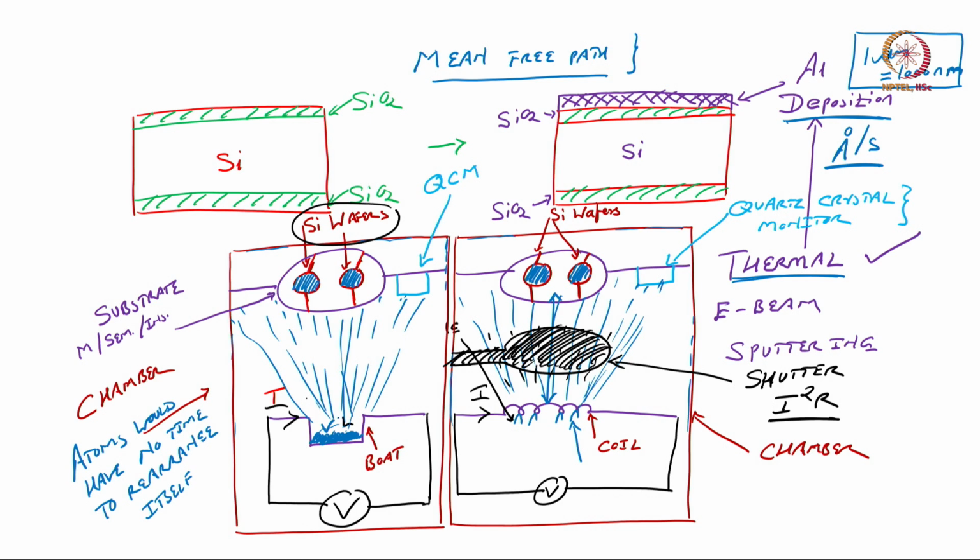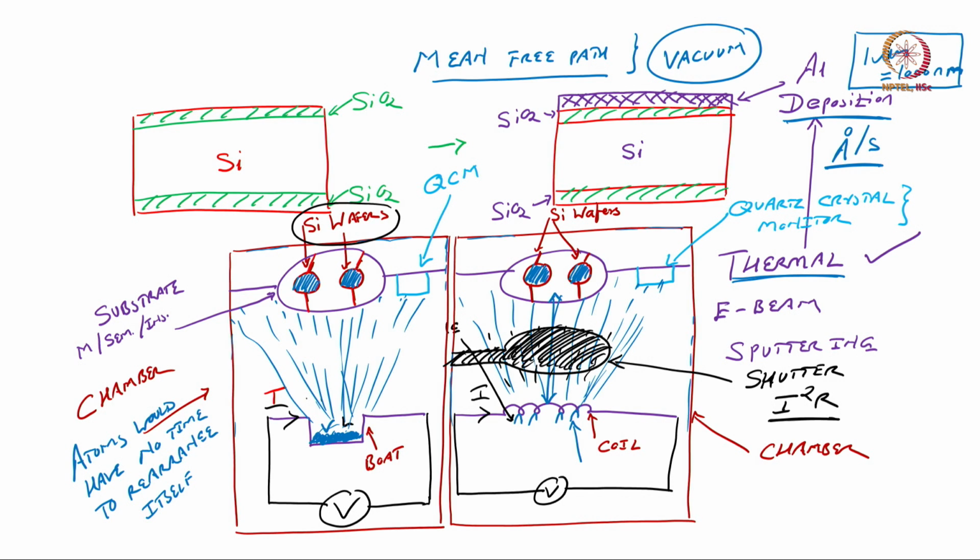How long can these atoms travel to the substrate before colliding with a molecule present in the atmosphere? That is the mean free path. Now, to increase the length of the mean free path, so that deposition becomes better, we have to create vacuum.